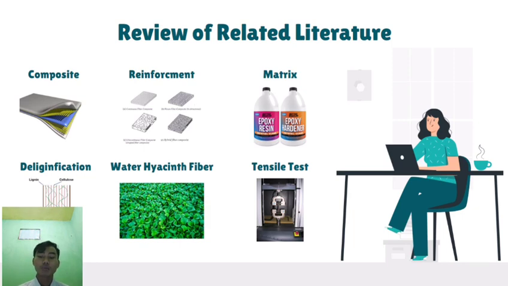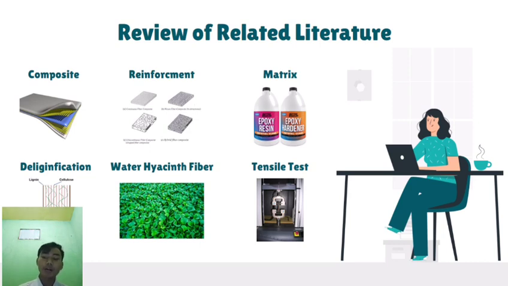This matrix has liquid properties with low viscosity, which will harden after the polymerization process. Delignification is a process of removing lignin from fiber material, so the result of this process is cellulose in the form of a concentrated pulp. Water hyacinth fiber. Water hyacinth is a weed plant that lives floating in the water. It has very rapid breeding, both vegetatively and generatively.